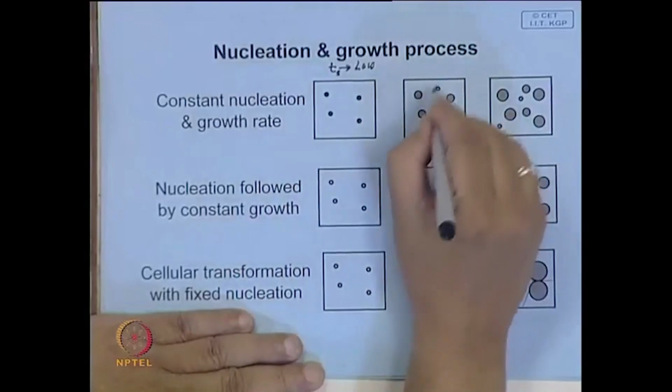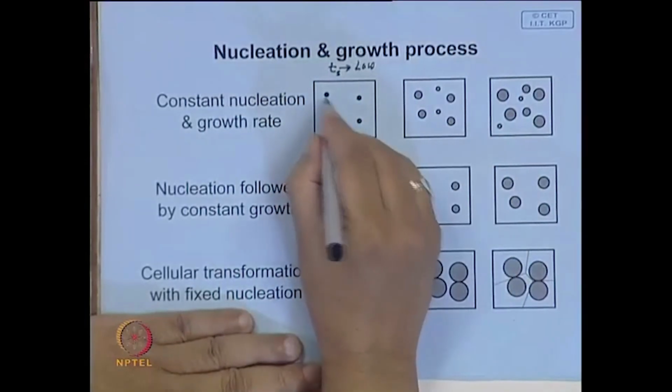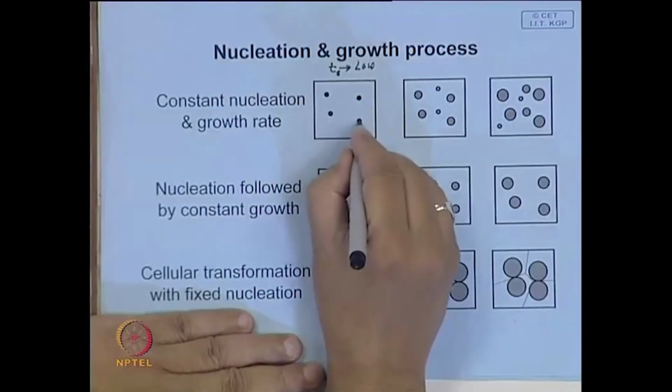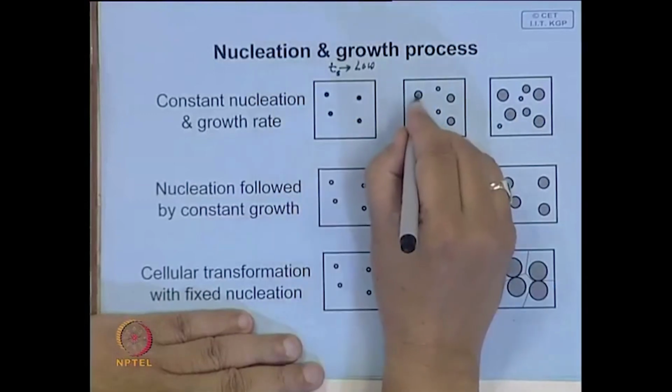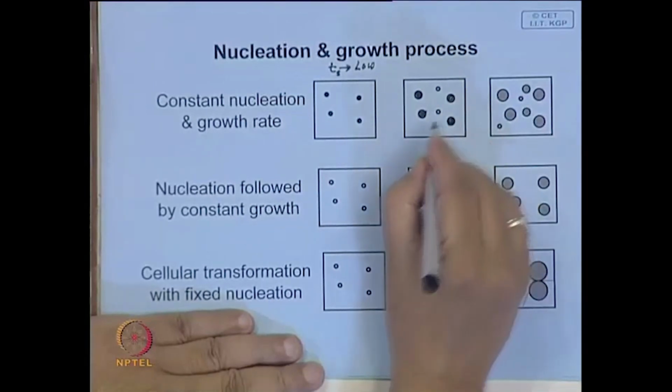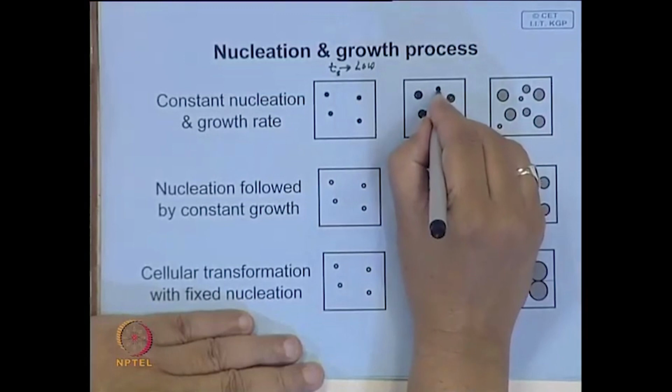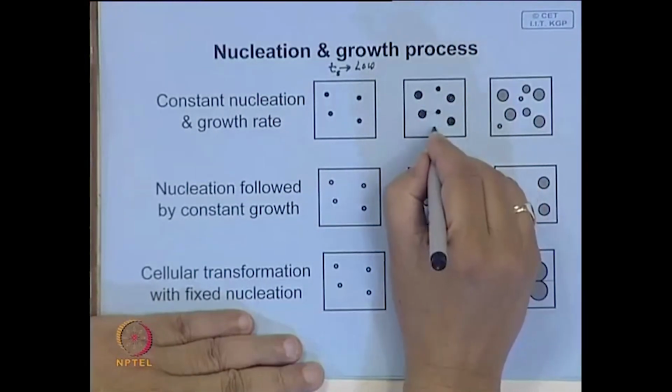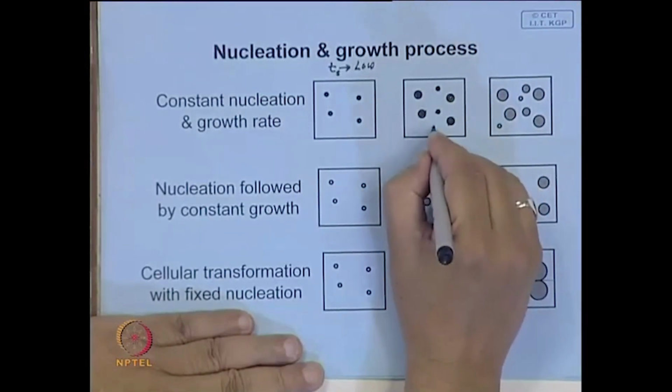At some intermediate time, the stable nuclei which have overcome that activation energy can grow. They have grown into this size, and at the same time fresh nuclei can also form. So, fresh nuclei are forming here.